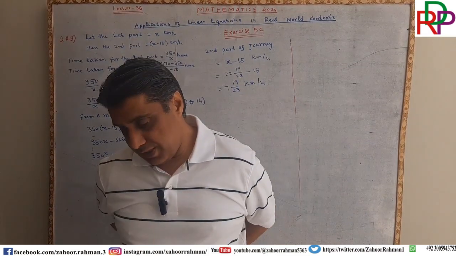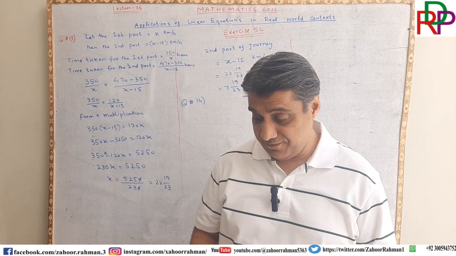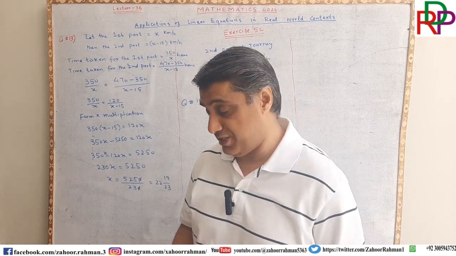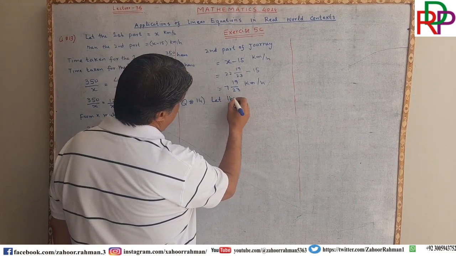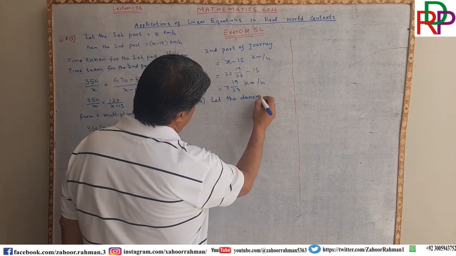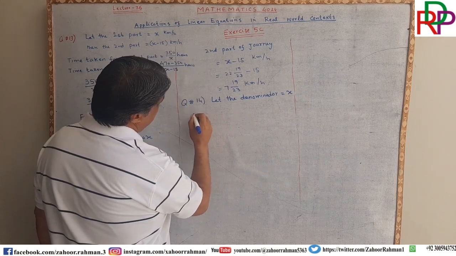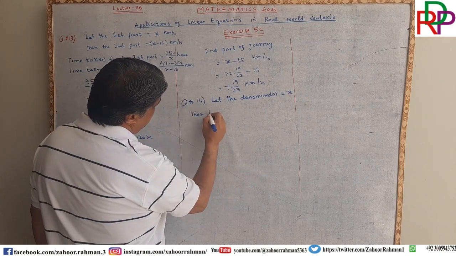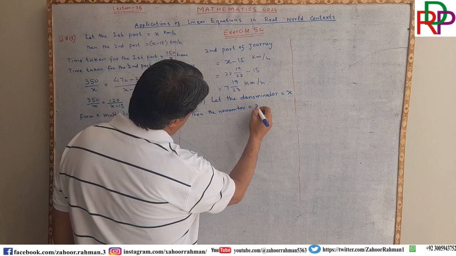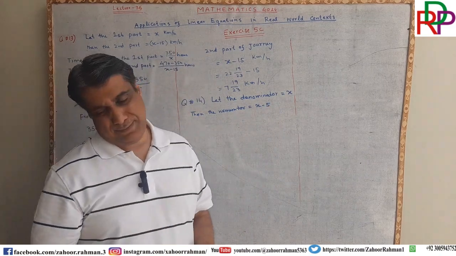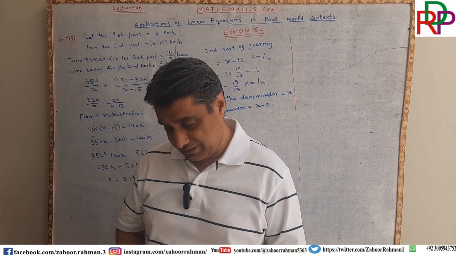And the question is saying the numerator of a fraction is 5 less than its denominator. Ladies and gentlemen, we don't know the denominator, so I am saying let the denominator is equal to x, then the numerator is equal to x minus 5, because it is saying 5 less than its denominator.